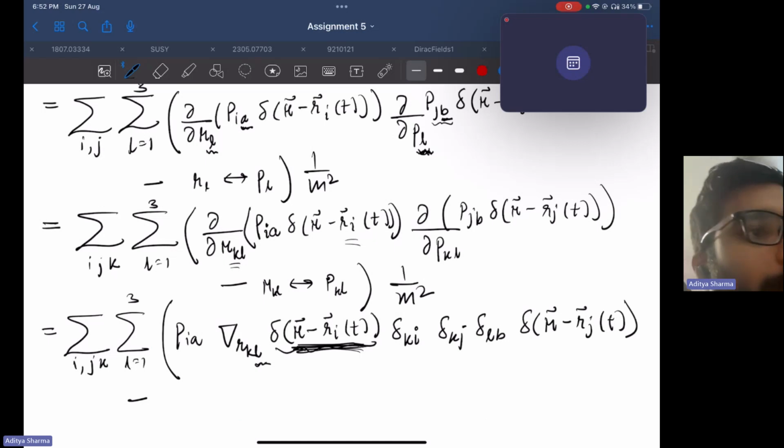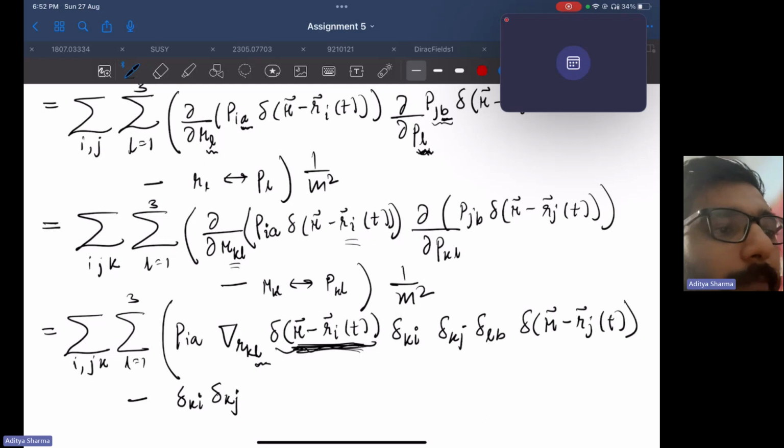So you will have something like Dirac delta Ki, Dirac delta Kj. If you want to interchange this with this, I and J should be interchanged. Dirac delta of LB will be changed to Dirac delta of LA, and this thing will be changed to KL.